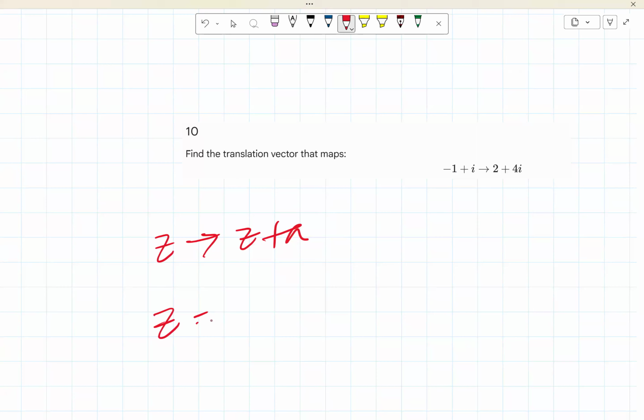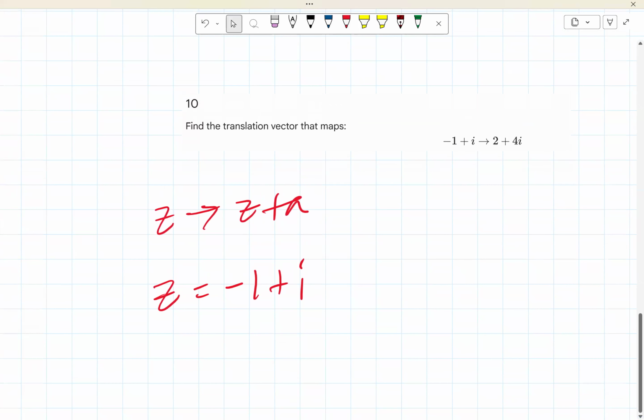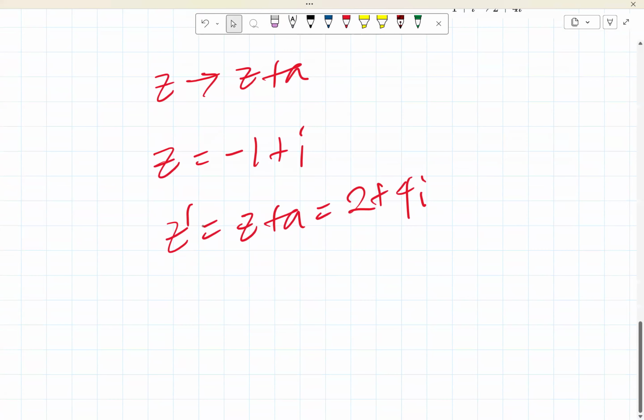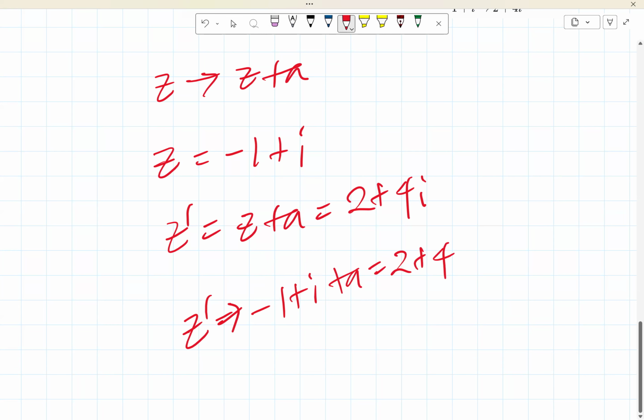So that means that Z here is minus 1 plus i, and Z plus A is actually Z prime. So Z prime is equal to Z plus A, and all of that is equal to 2 plus 4i. So what that simply means is that we have Z itself as minus 1 plus i, and that is equal to minus 1 plus i plus A is equal to 2 plus 4i.